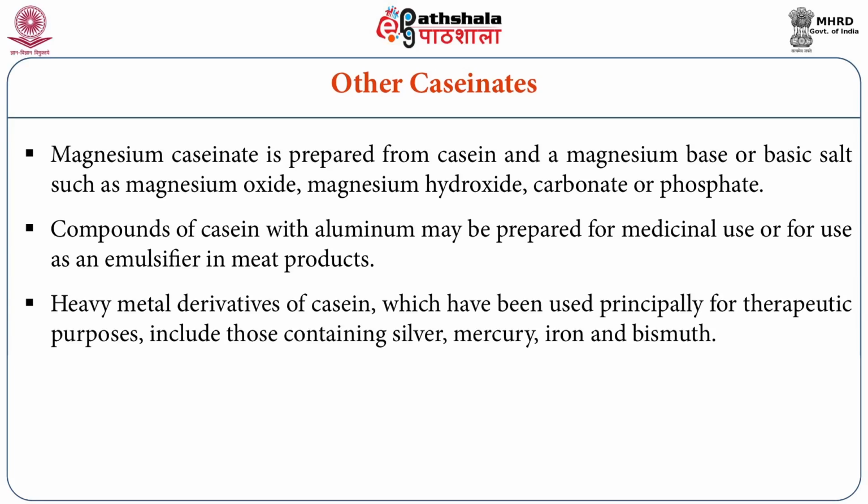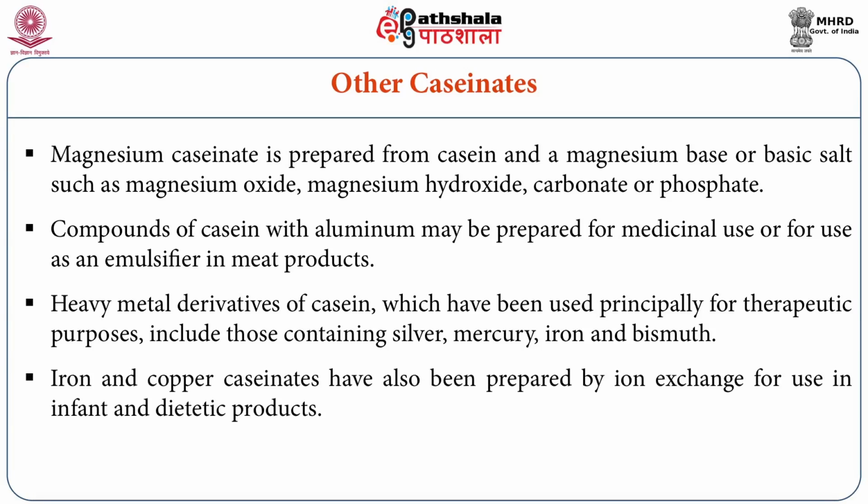Heavy metal derivatives of casein which have been used principally for therapeutic purposes include those containing silver, mercury, iron and bismuth. Iron and copper caseinates have also been prepared by ion exchange for use in infant and dietetic products.